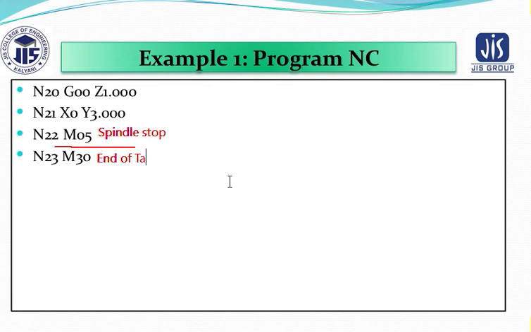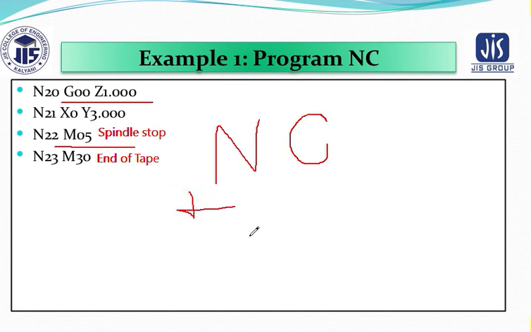End of tape means you are just ending the program. Okay, again you see after completing the operation they have used G00 because no cutting operation is occurring. So after completing the cut, they have come to the origin position or a little bit away from the origin. Okay, so this is the way you write the program.